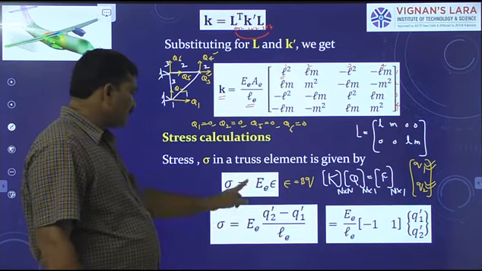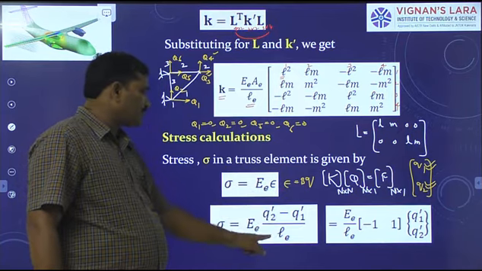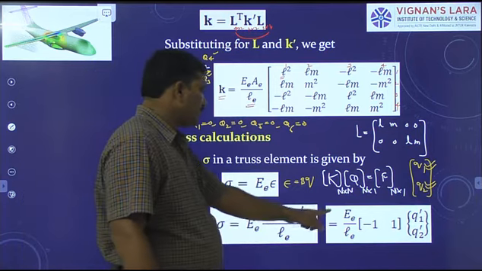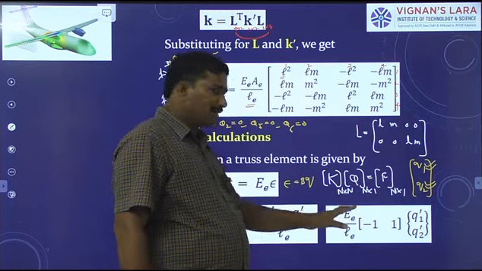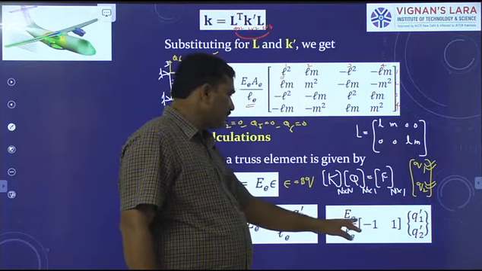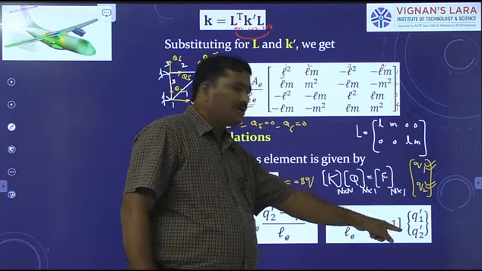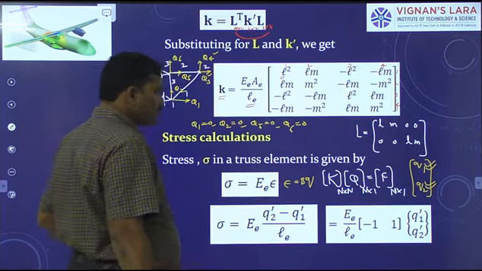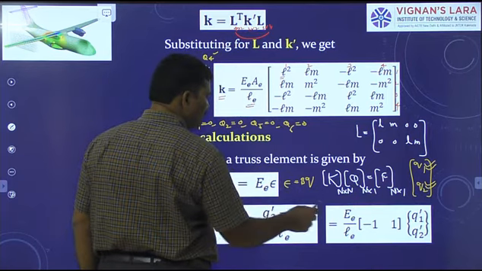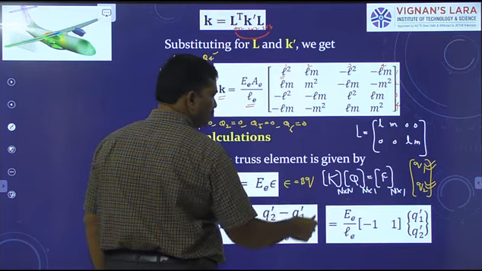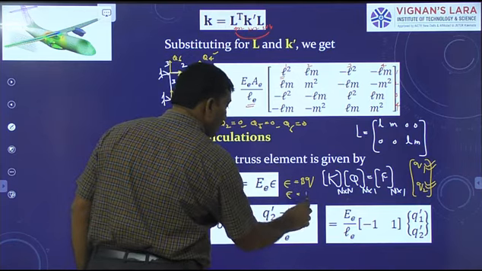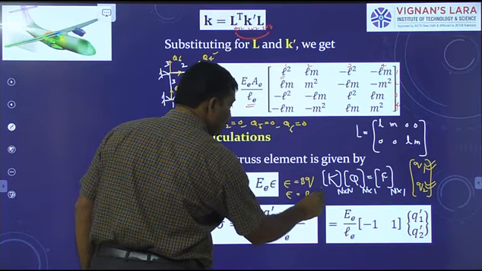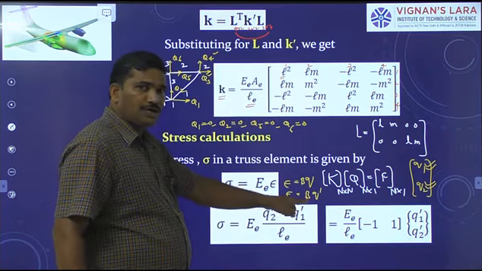So sigma equals E into Q2 dash minus Q1 dash by LE, which equals E by LE into the strain displacement matrix, minus 1, 1 into Q1 dash, Q2 dash. Because here epsilon equals B into Q dash with respect to local reference frame.